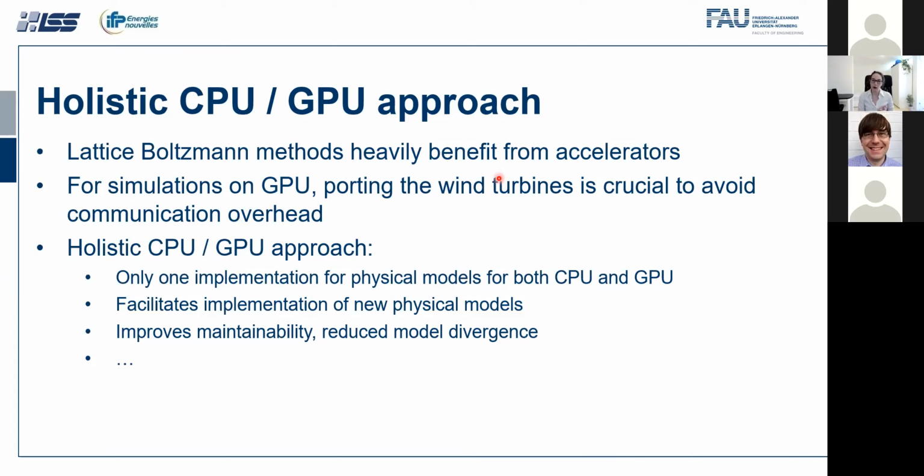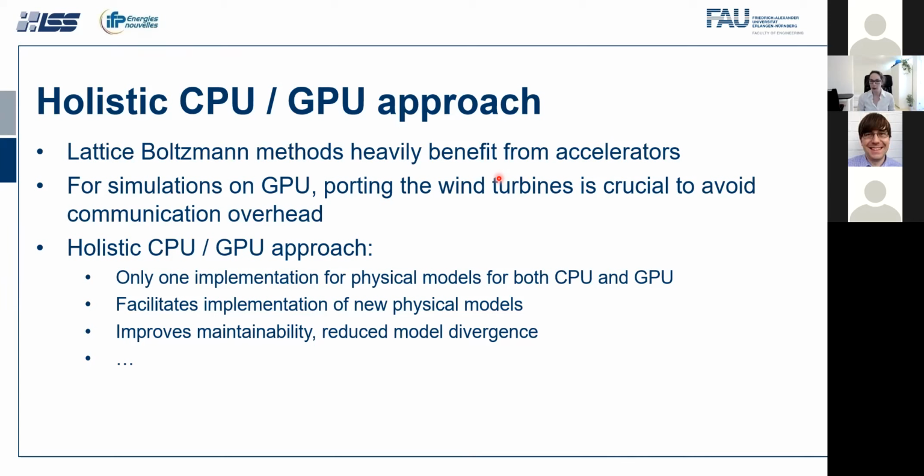The thing is, if we only ported now the LBM part to GPU, but kept the wind turbines on CPU, this would not make much sense, because in each and every time step, the turbines would have to communicate with the fields on the GPU, and this would create a super severe communication overhead and slow down the simulation quite a lot. So the natural approach is, we port the turbines also to GPU.